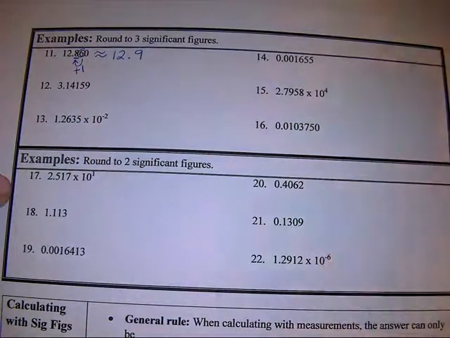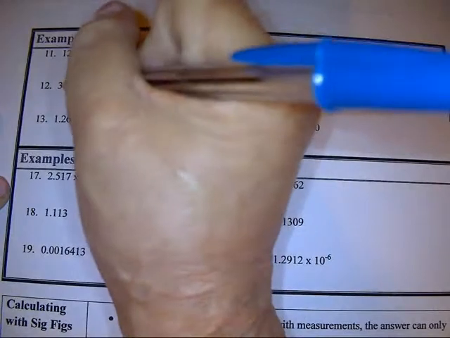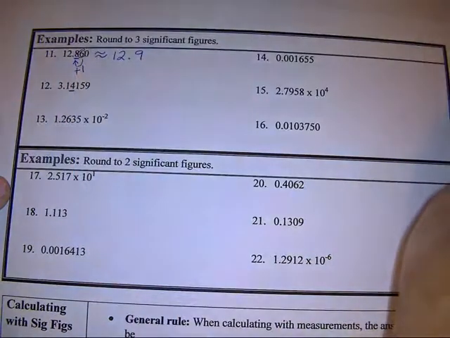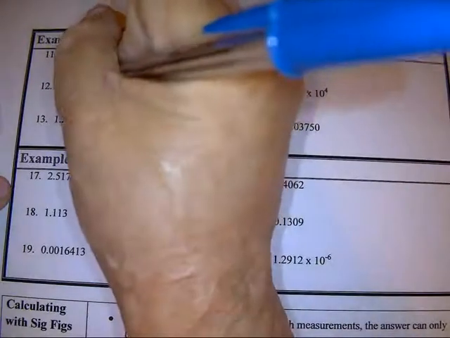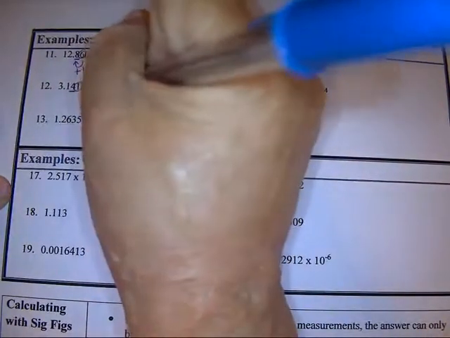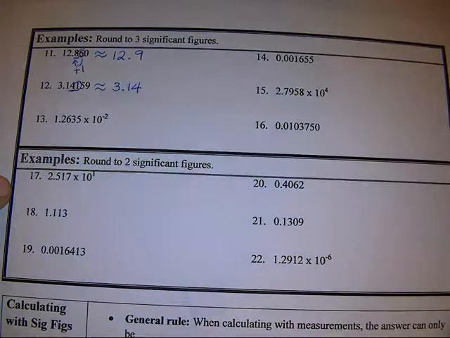Number 12, 3.14159. 1, 2, 3. 4 is my 3rd sig fig. The 1 tells me to round down, which means all of the numbers after that 4 are gone.